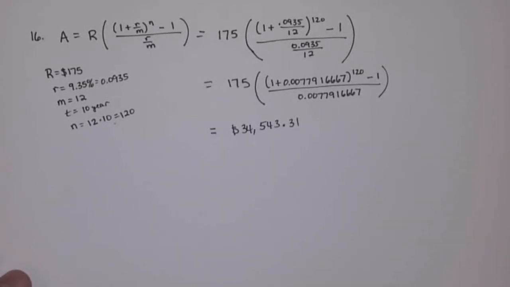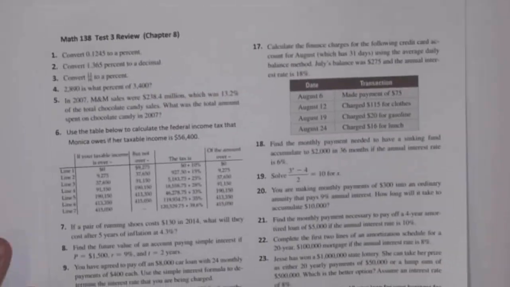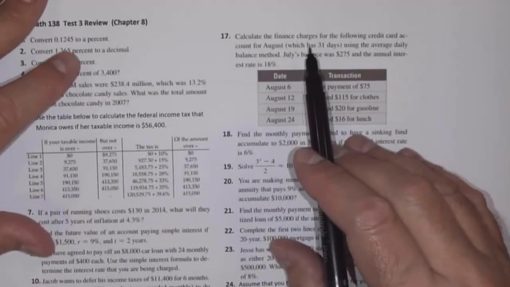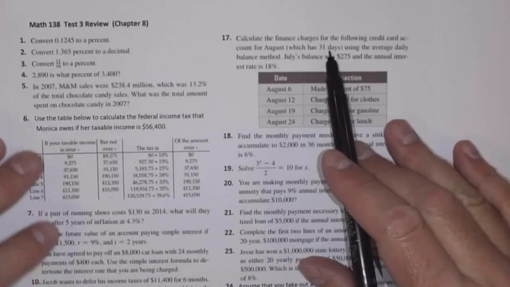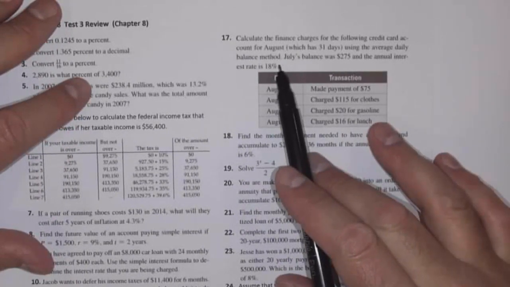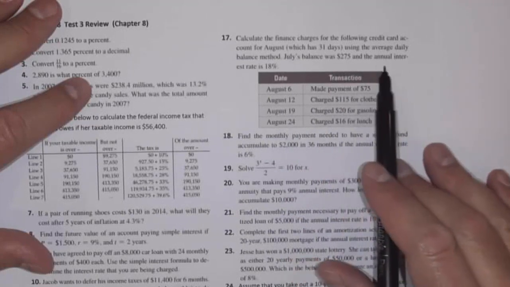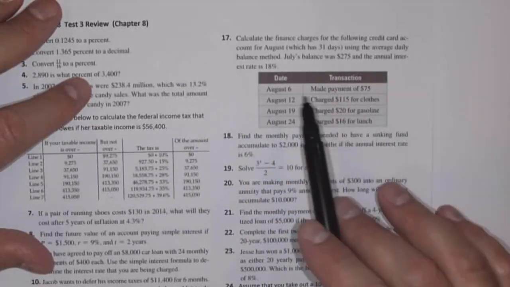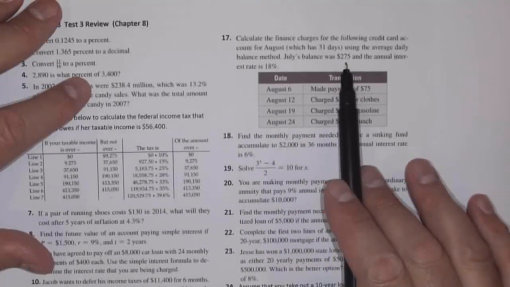Let's take a look at number 17. We want to calculate the finance charges for the following credit card account for August, which has 31 days, using the average daily balance method. So July's balance was $275, and the annual interest rate is 18%. On August 1st, the balance was $275.